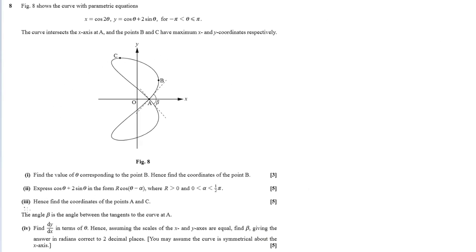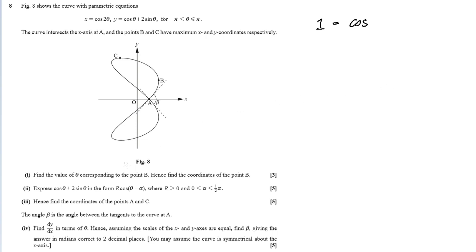Pressing onwards, we have part 3, find the coordinates of point A and C using that information. So let's start with point C. C is on the maximum y value, which means that the entire y trig function should be at max 1. And so 1 is equal to the trig proportion, because it's r cos theta minus alpha, and r really doesn't matter, it's just a scale factor anyway.